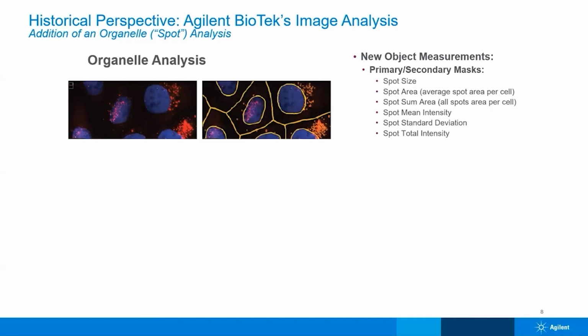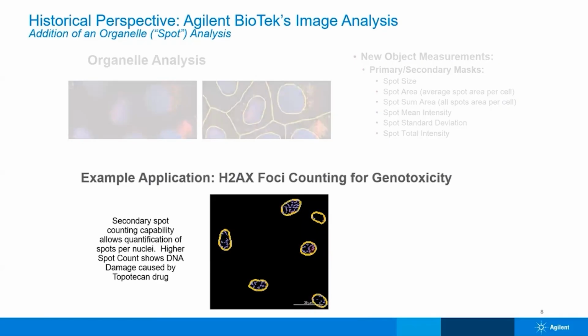You can get the size, area, sum area, mean intensity, standard deviation, or total spot intensity. So there are a number of different metrics that all have biologically relevant applications. Another quick example of an app note that our apps lab has developed using this tool is counting H2AX foci in the nucleus, which is a signal of genotoxicity.